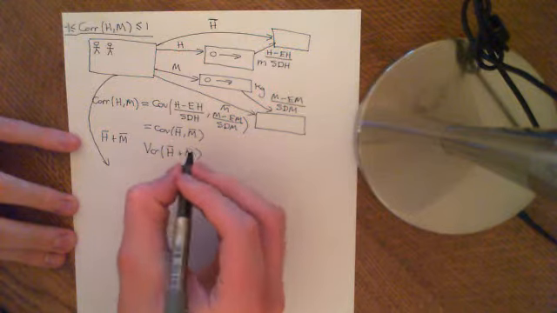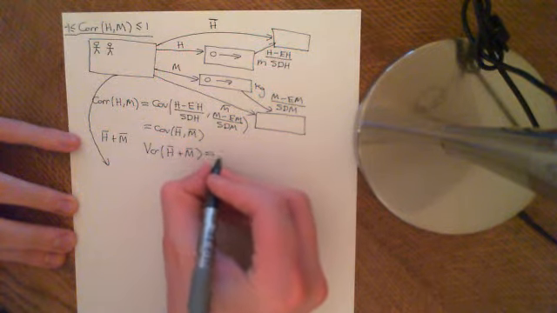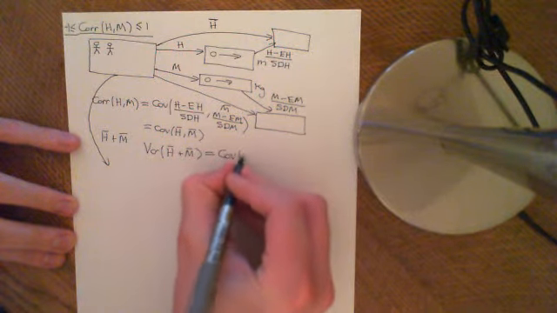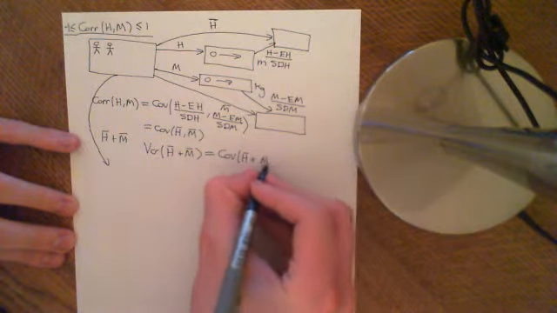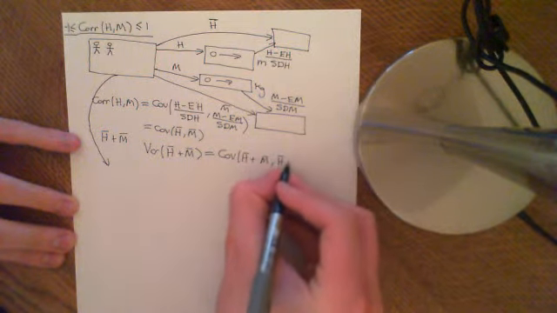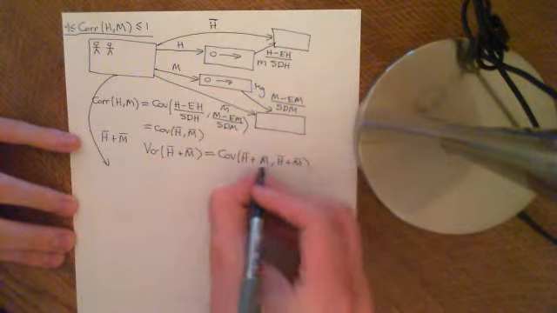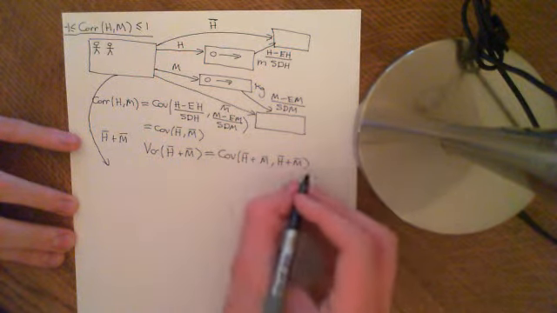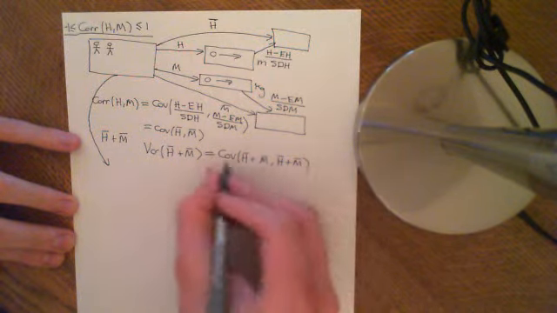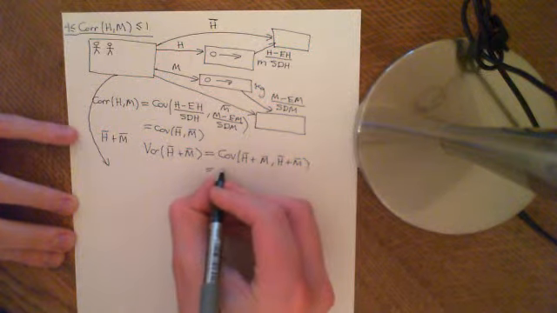Now, if we consider what the variance of this random variable h bar plus m bar is, that's going to be something quite interesting. Remember from the properties of covariance that this is equal to the covariance of h bar plus m bar with itself, i.e. h bar plus m bar. If we expand this, we can use the distributive properties. If you aren't familiar with this, see my videos on properties of the covariance.